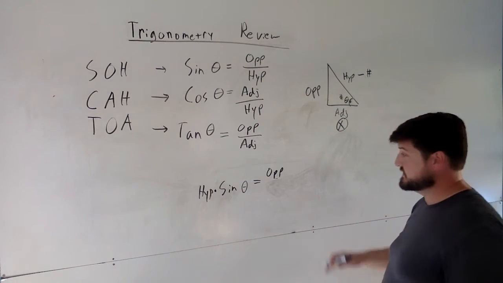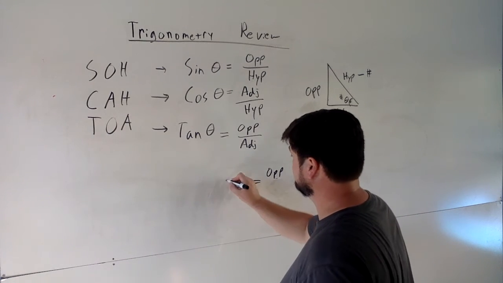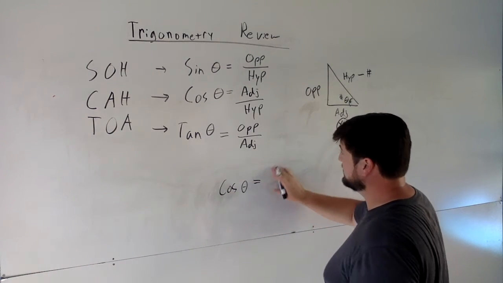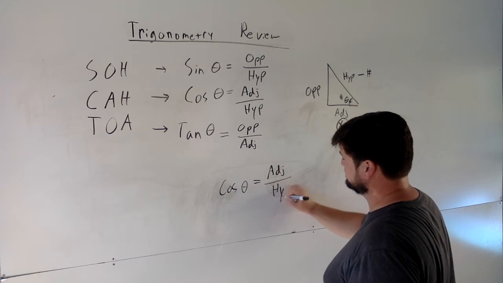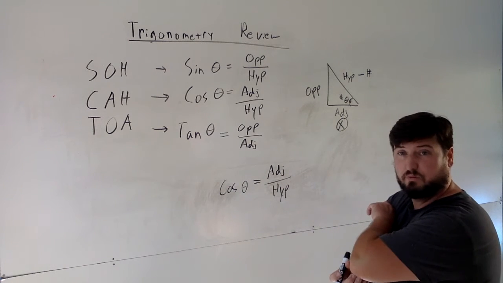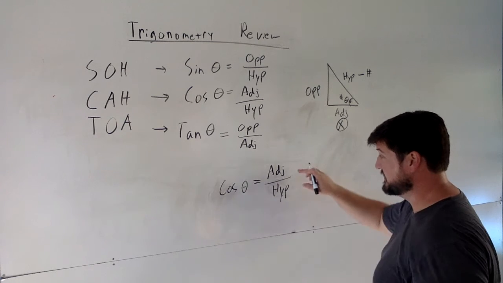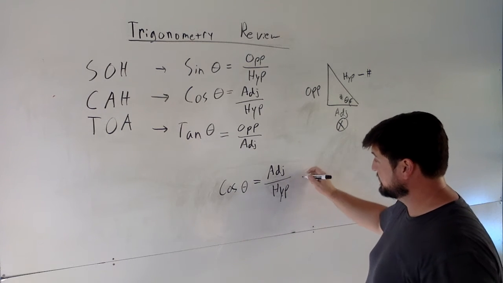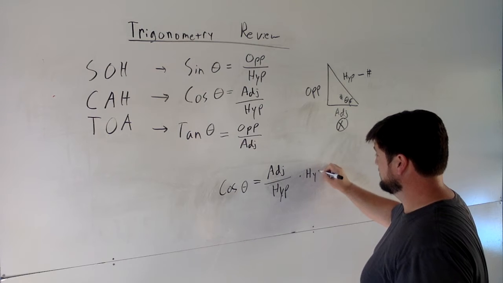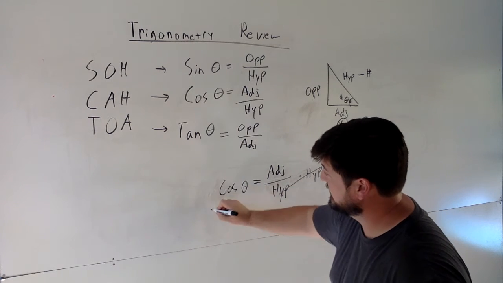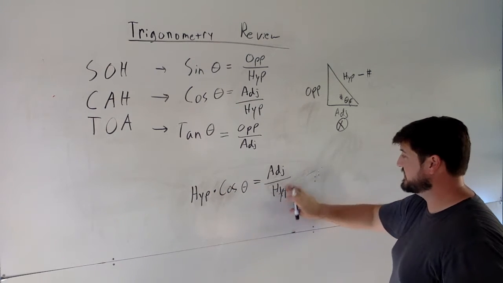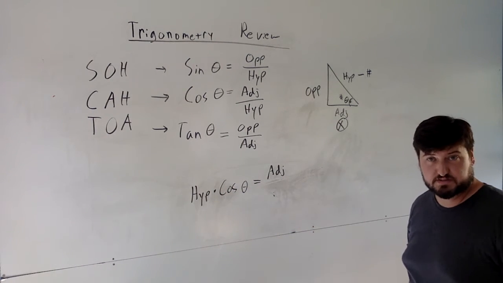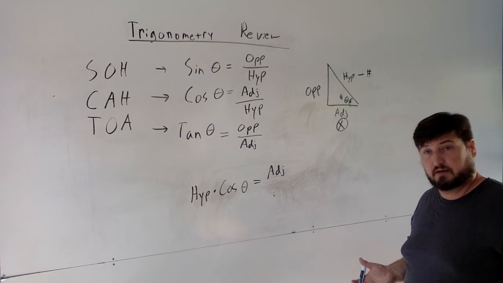So if I do cosine of theta, I get my adjacent over my hypotenuse. If I want to find out what my adjacent side is, again, I have to get rid of my hypotenuse. What you do to one side, you have to do to the other. So hypotenuse times cosine theta gets you the value for your adjacent side. It's really not that bad.